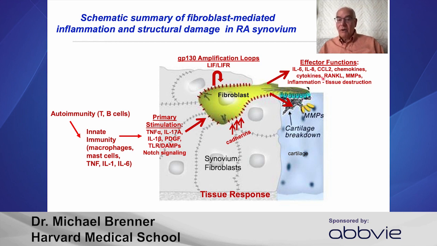And fibroblasts are also the largest producers of rank ligand in the synovium, which of course activates osteoclasts for bone erosion. So there's many reasons for thinking fibroblasts are playing important roles in rheumatoid arthritis. Okay, well, one more aspect of fibroblast biology that's relevant to RA I'll highlight next as we begin to think about how patients with RA can be stratified.